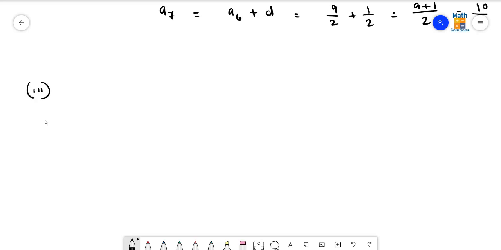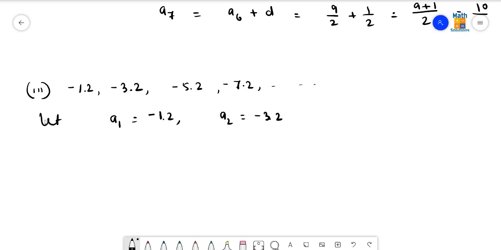Given terms are minus 1.2, then minus 3.2, then minus 5.2, then minus 7.2, and that goes on. Let A1 equals minus 1.2, A2 equals minus 3.2, A3 equals minus 5.2, then A4 equals minus 7.2.